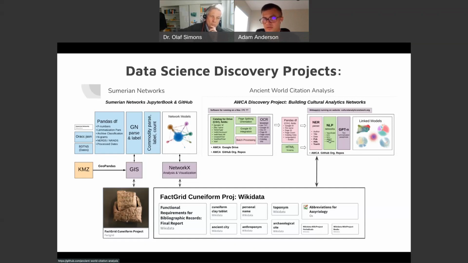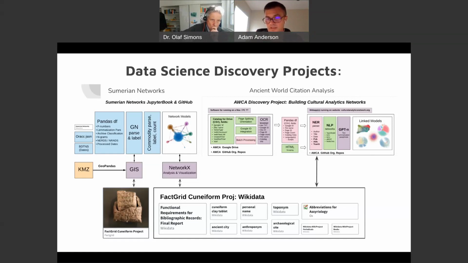And so those links have also been modeled using different types of natural language processing tools, including topic modeling and BERTopic, so that we can look at cosine similarity between any of these books that are writing about these cuneiform tablets, flesh out the knowledge that's been created by scholarship over the years, and help provide access to researchers around the world.